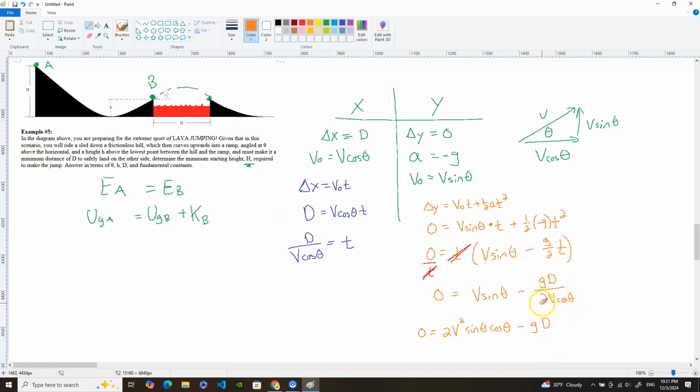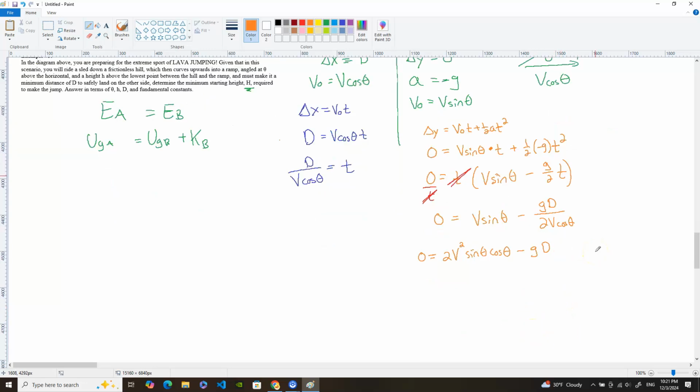What I did is I multiplied every term by 2v cosine theta. If I do it to 0, it stays 0 because 0 times who cares is 0. Wiped out the denominator on the term on the right and then added a 2, a v, and a cosine theta here. And sine theta, cosine theta.